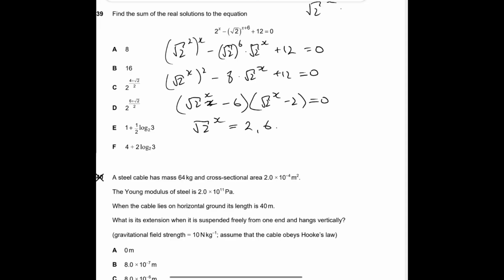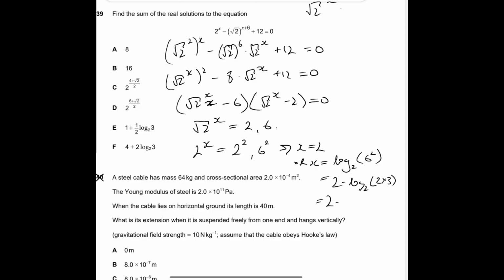If we square both sides, we get 2 to the power of x equals 2 squared or 6 squared. So that means x is either 2 or x equals log base 2 of 6 squared, which is 2 times log base 2 of 2 times 3, which is 2 times log base 2 of 2 plus 2 times log base 2 of 3, and that's just 1.